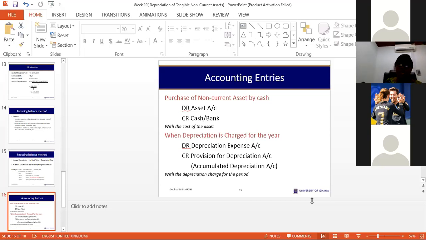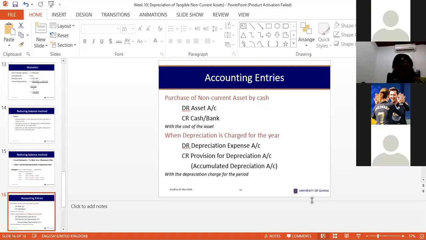Remember, we took the money from somewhere to buy that non-current asset. As we systematically allocate the amount to that asset, we set aside that amount so that at the end of the useful life, if we decide to dispose of it and buy a new one, we have some money set aside.